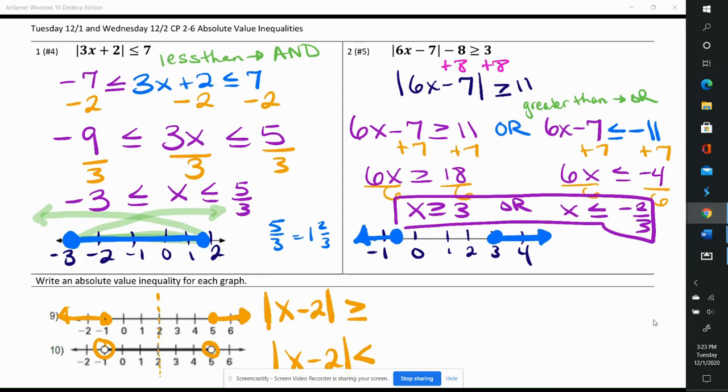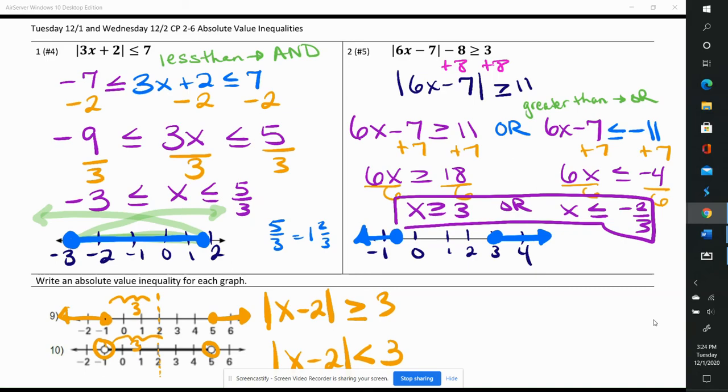And then what it's greater than or equal to or less than is the distance from our new midpoint. Both of these have a distance of 3 units. So the absolute value of x minus 2 is greater than or equal to 3 for number 9, and the absolute value of x minus 2 is less than 3 for number 10.